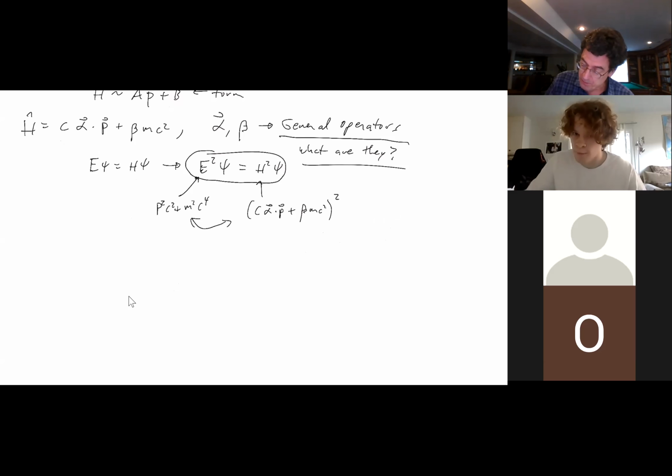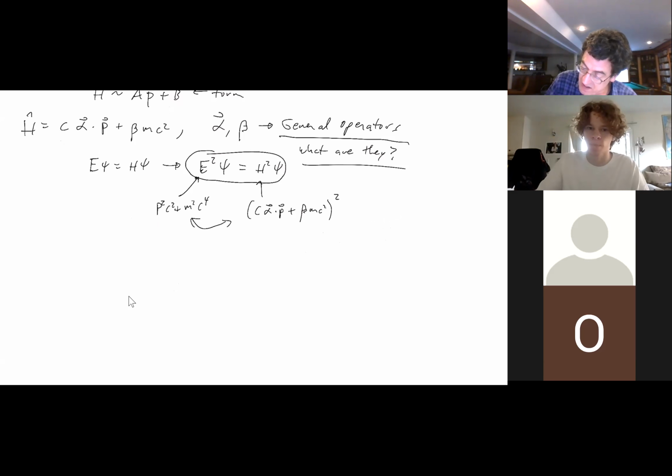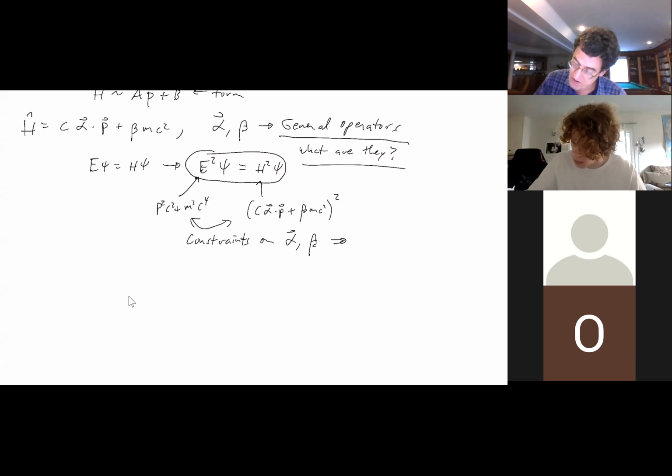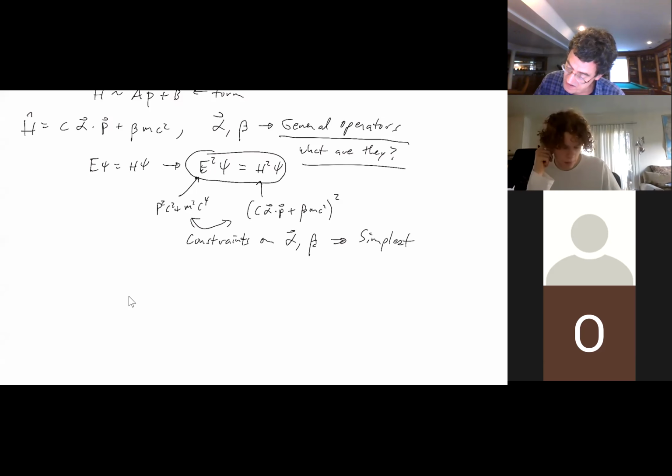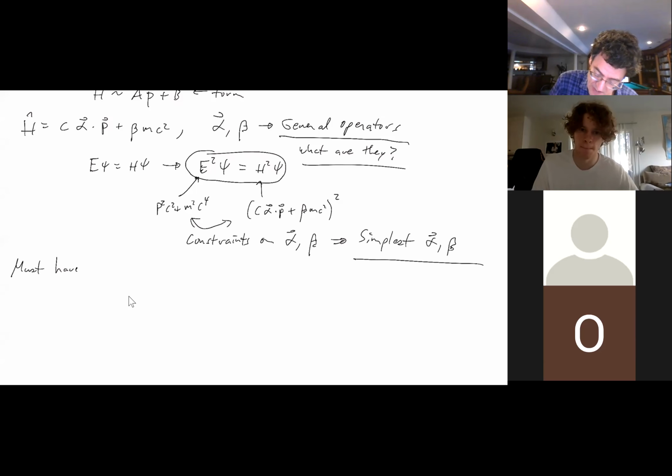What you find is that this equation leads to many constraints on alpha and beta, and then you can find the simplest alpha and beta that satisfy these constraints. This was some tricky math, but you must have the following.